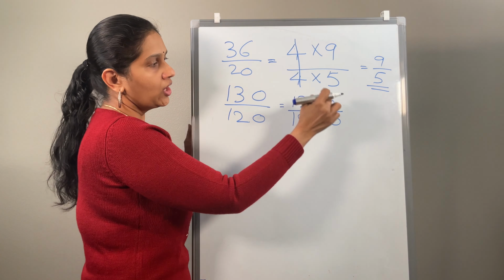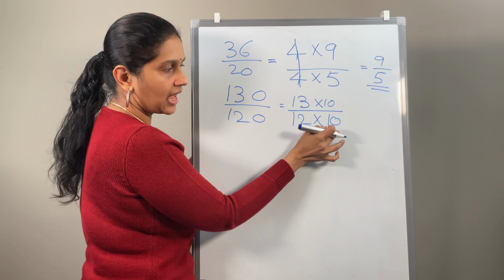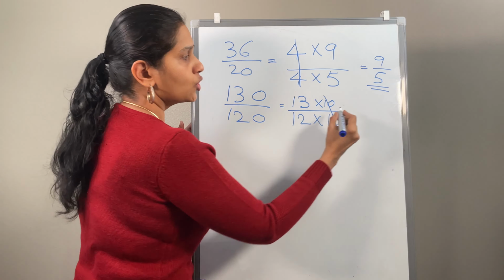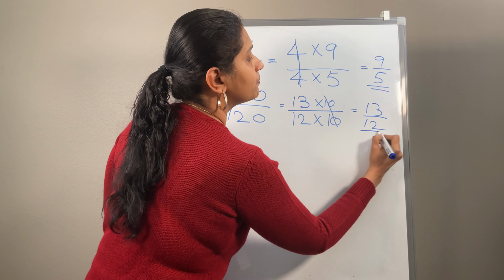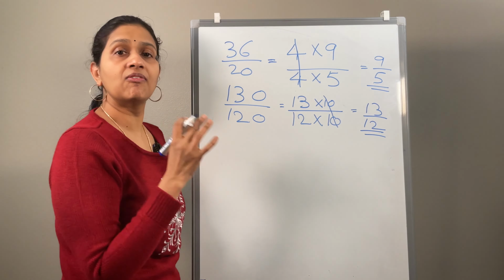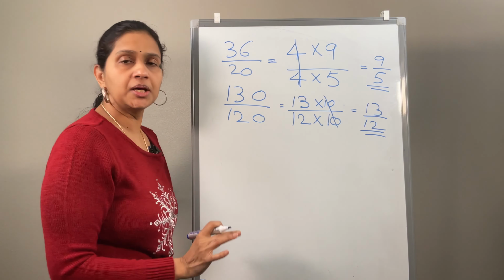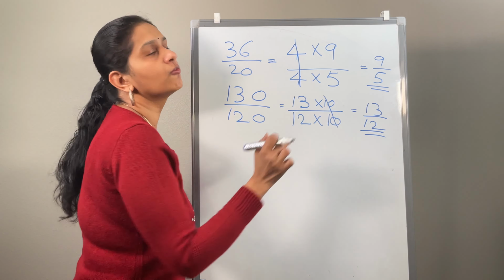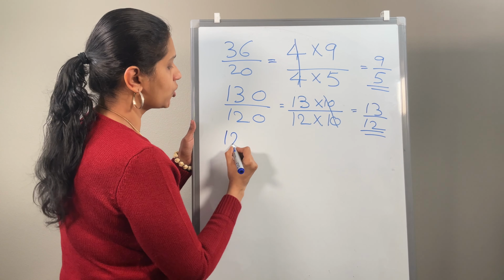As I told you, when you have same numbers in both numerator and denominator, you can cut it out. So you will be left with 13 by 12. You know, there is no common multiple which is common to both 13 and 12. So the simplified form will be 13 by 12. I will show you one more example.